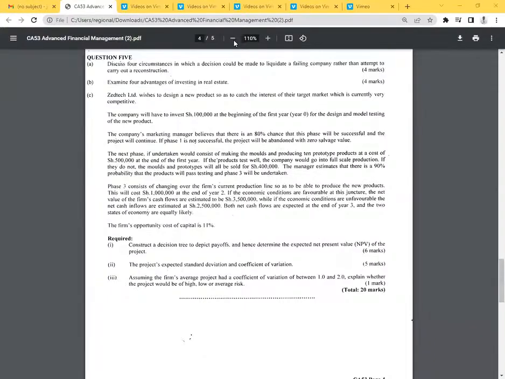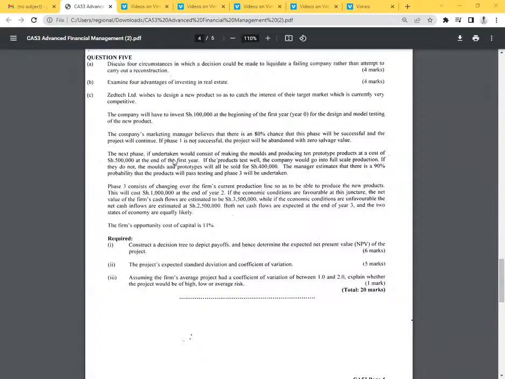Great. So I believe, ladies and gentlemen, that you have attempted it, and now Mwalimu should be able to finish it off. So what are we told here? Limited wishes to design a new product so as to catch the interest of their target market, which is currently very competitive.